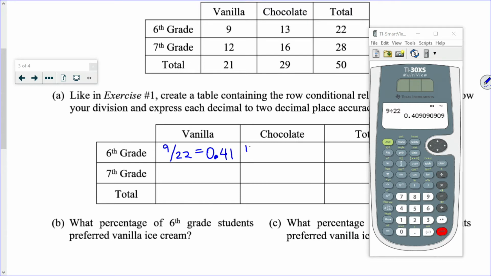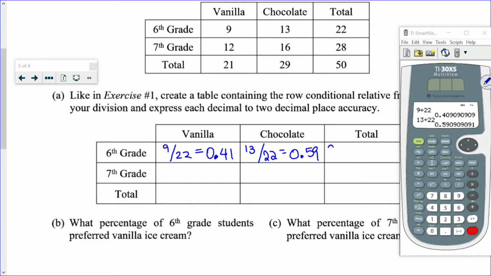Then we're going to do chocolate divided by 22, 13 divided by 22, and that's going to give us 0.59. This will always be 1.0 way over here. 22 divided by 22, and therefore is not all that interesting. Doesn't really tell us anything.